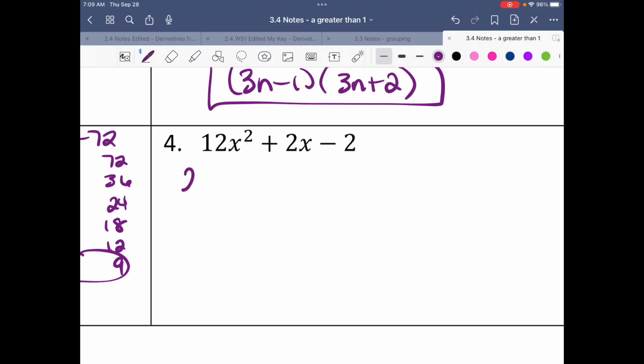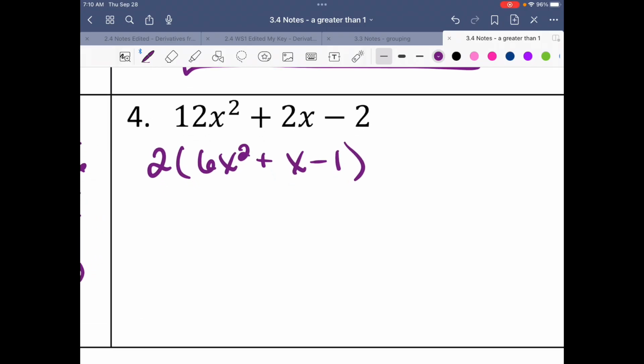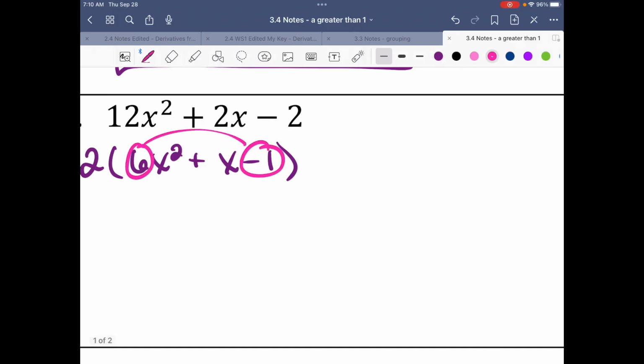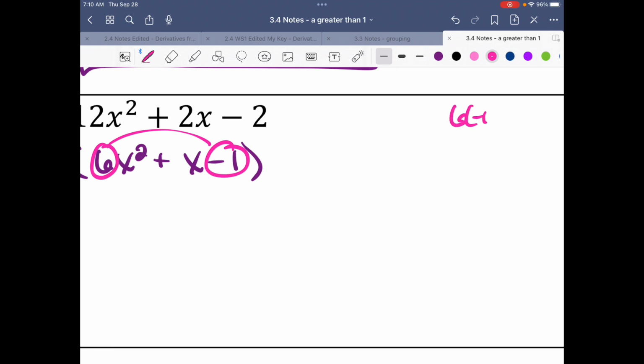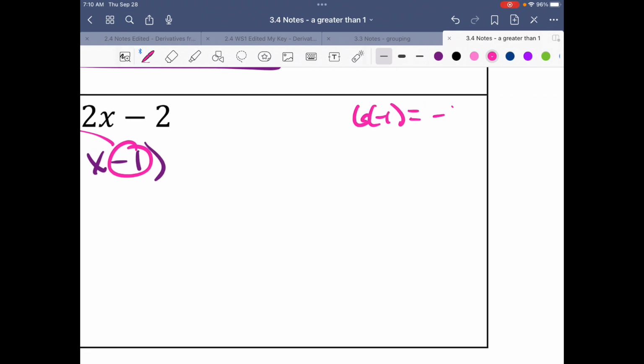On example 4, we actually do have a GCF, so we need to take that out first. The GCF is 2. For the moment, we're going to ignore that GCF. We're going to pretend it doesn't exist, and look at the new leading coefficient, which is 6, and the new constant, which is -1, and multiply those two together.